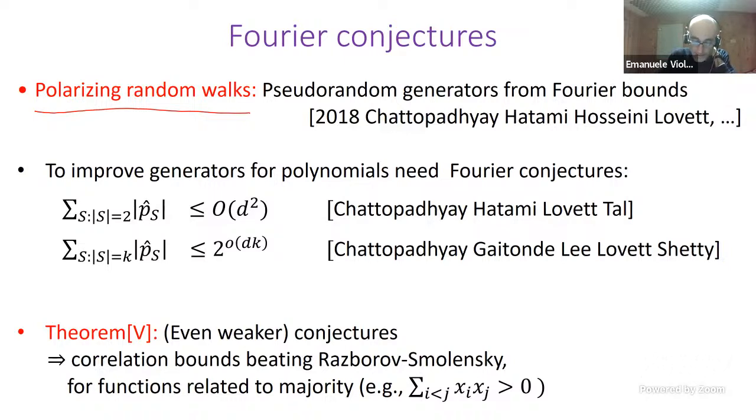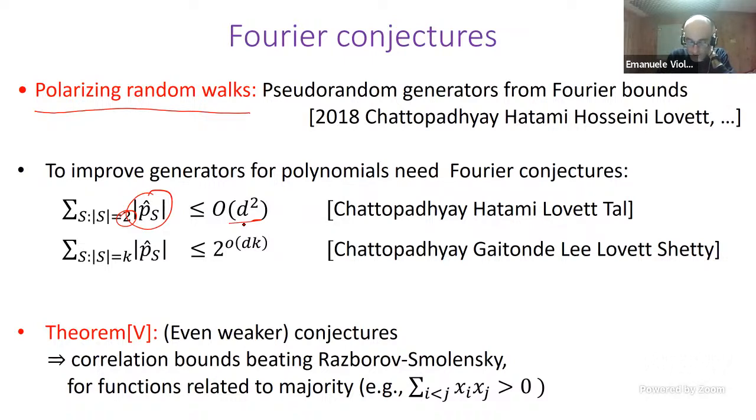In particular, it was conjectured that if you have a polynomial P of degree D, if you sum the Fourier coefficients of size 2, then you get a bound which is only quadratic in the degree of the polynomial. While actually for other functions like majority it can get much bigger. It can be like root n or something.